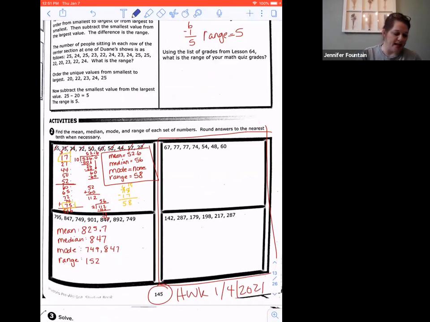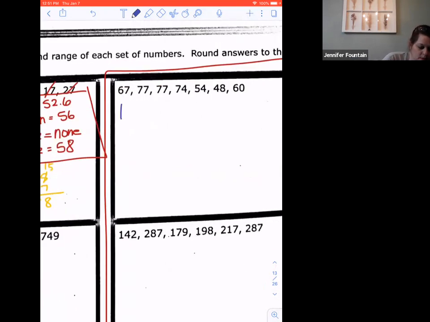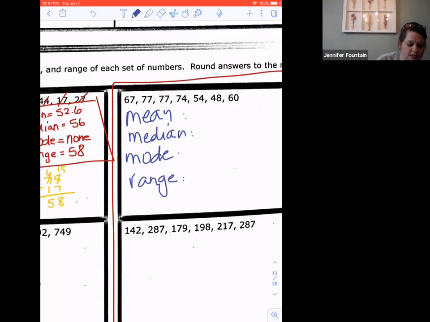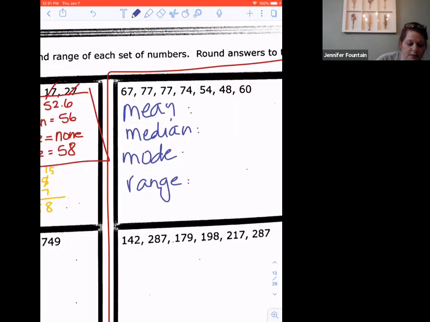Okay, so we are finding the mean, median, mode, and range for each of these. So I'm just going to list them out: mean, median, mode, range. And it said to round answers to the nearest tenth when necessary.